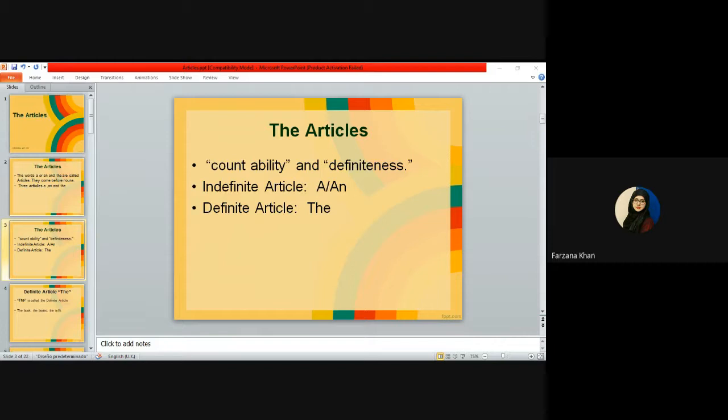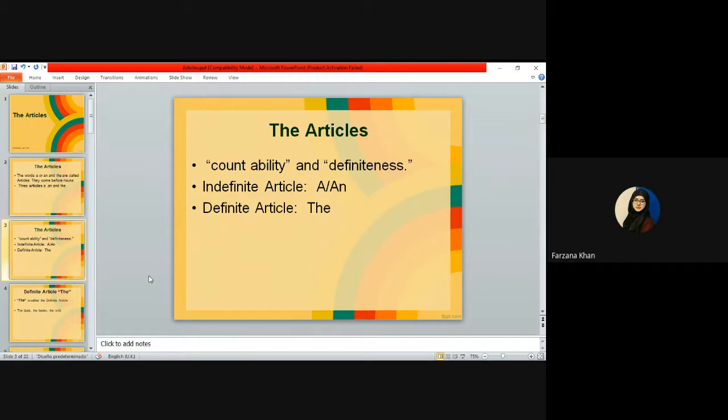Understanding these concepts will help you decide whether to use the article the or the article a. The indefinite article is a or an. So when there is countability, you will go for the indefinite article. When there is the point of definiteness, you will go for the definite article the, which specifically means particular, or in other words, already defined.